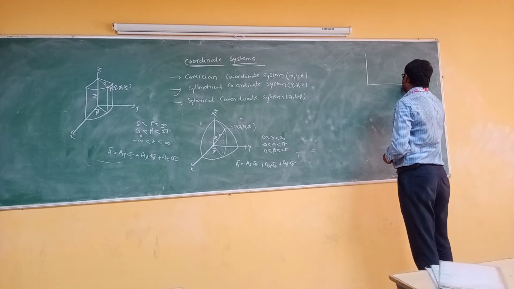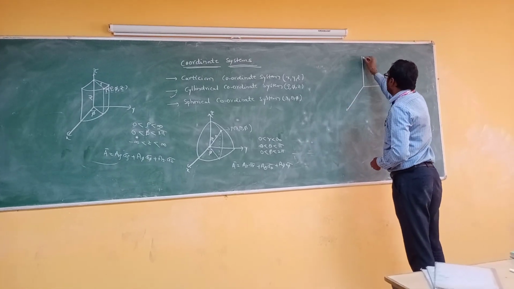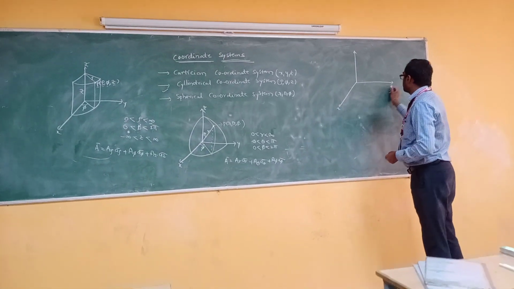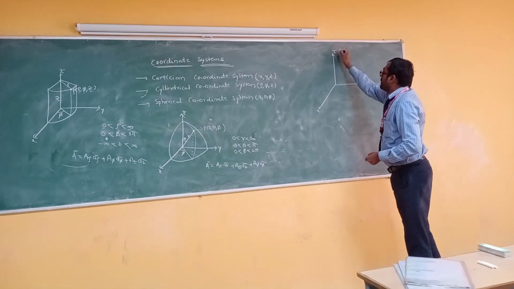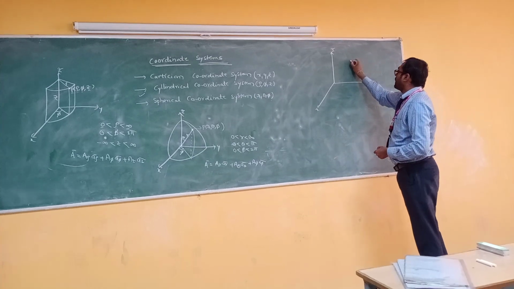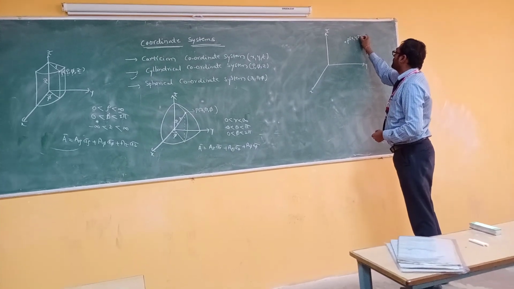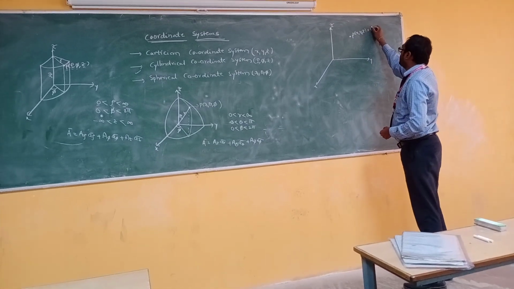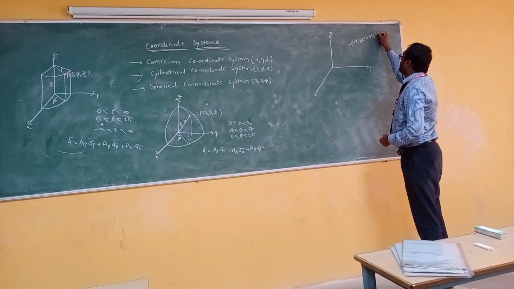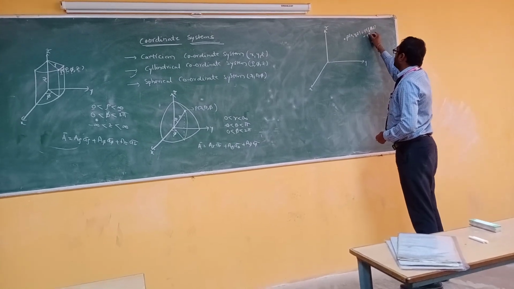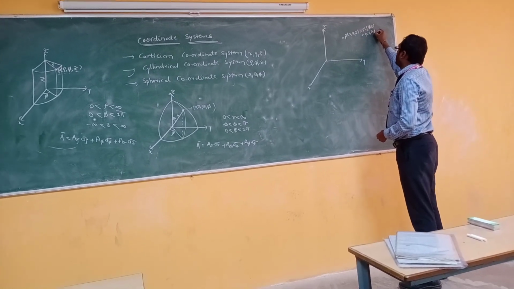Here, the first we can represent. We can take one coordinate system, for example, the x component, y component and z component. Here we can take one point. The point P of x comma y comma z is equal to P of rho comma phi comma z, and that is equal to r comma theta comma phi.